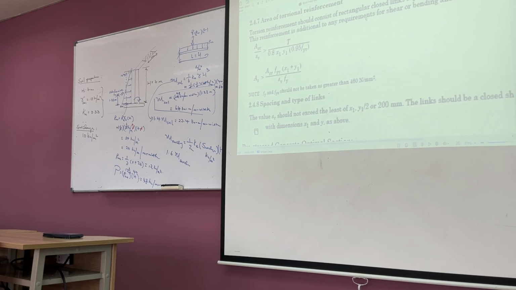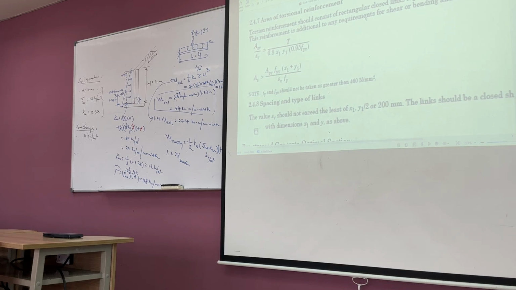Then you do the 1.4 M soil. Okay? So then after that you do the M surcharge equal to 1/2 Ka surcharge H square.